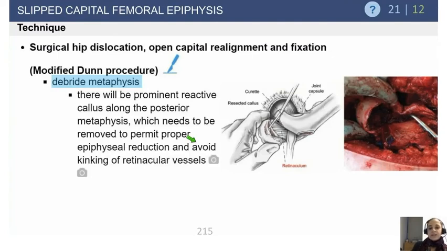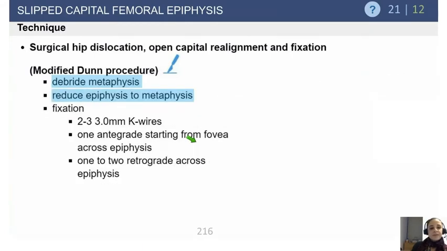But you want to debride the callus in order to allow for a reduction of the epiphysis with minimal tension on your retinacular flap. And then you're going to reduce your epiphysis to your metaphysis. In general, we fix this with a single pin through the fovea, antegrade, and then I use two 4.5 fully threaded screws for this.